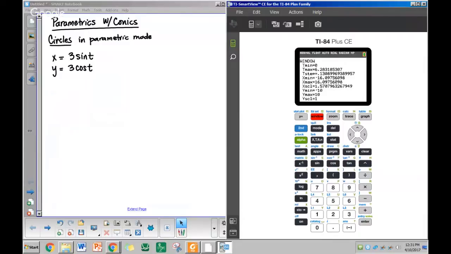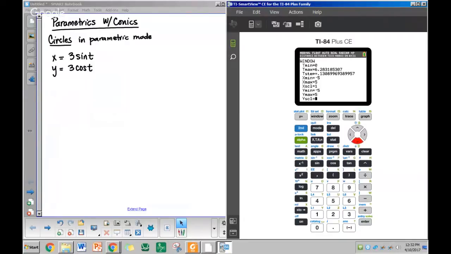And let's change our x min and x max, because I know this is a circle of radius 3. Let's make this -5 to 5 in the x direction, in increments of 1 so we can see that. And then we'll go from -5 to 5 in the y direction.